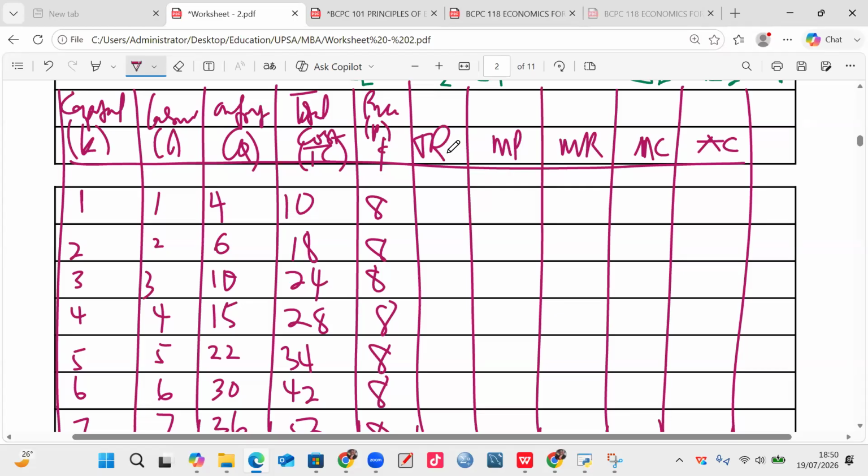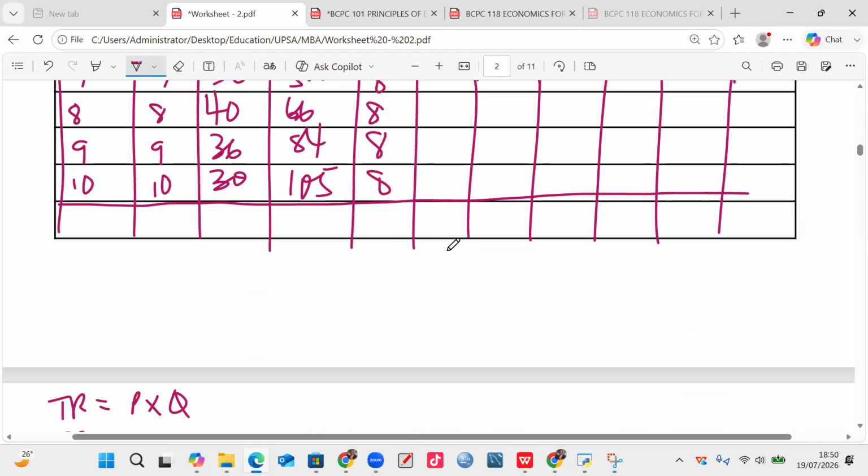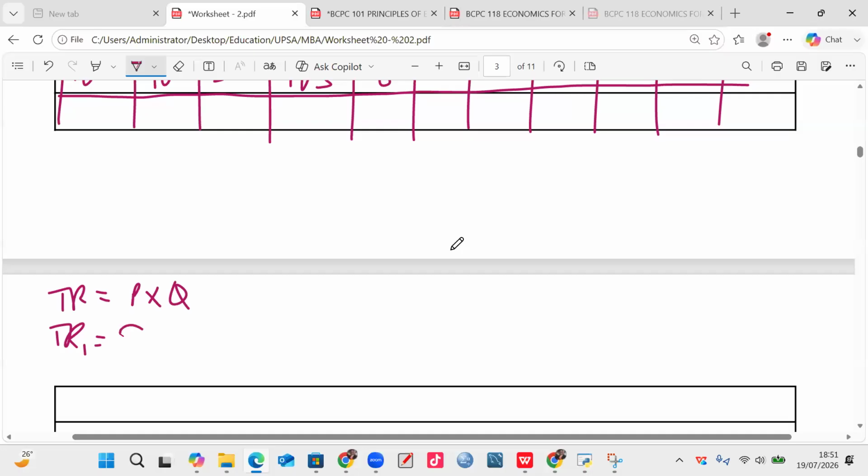So the total revenue is the price times the quantity, which will be 8 times 4. Which gives us what? So price is 8, quantity is 4. How much will it be? 32.